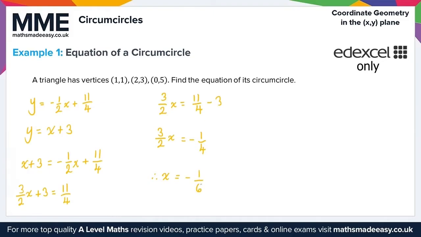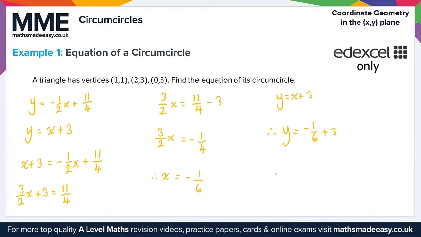Okay, so what we have then is y equals x plus 3. So using this then with our x value, we can see that y is equal to minus 1 over 6 plus 3.